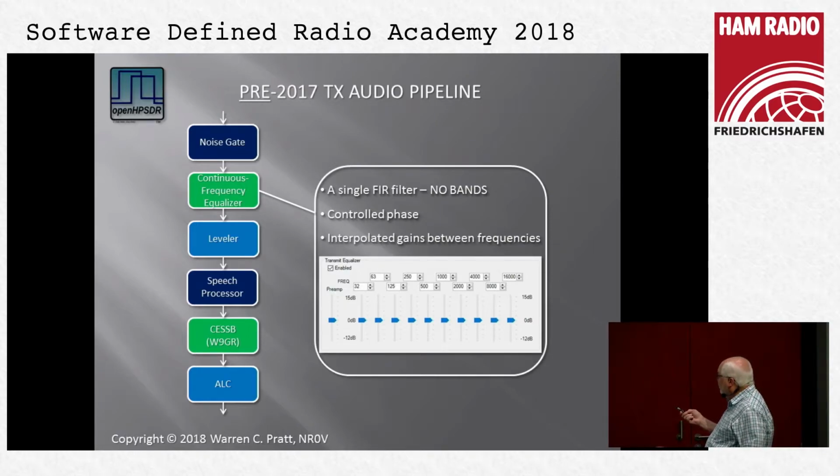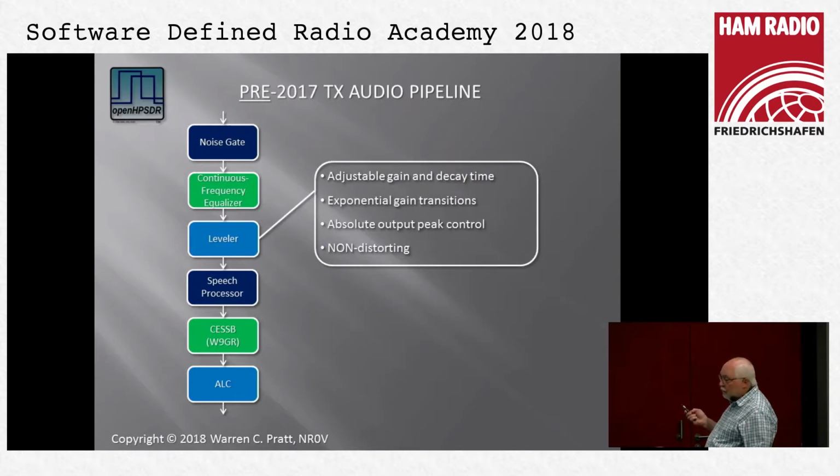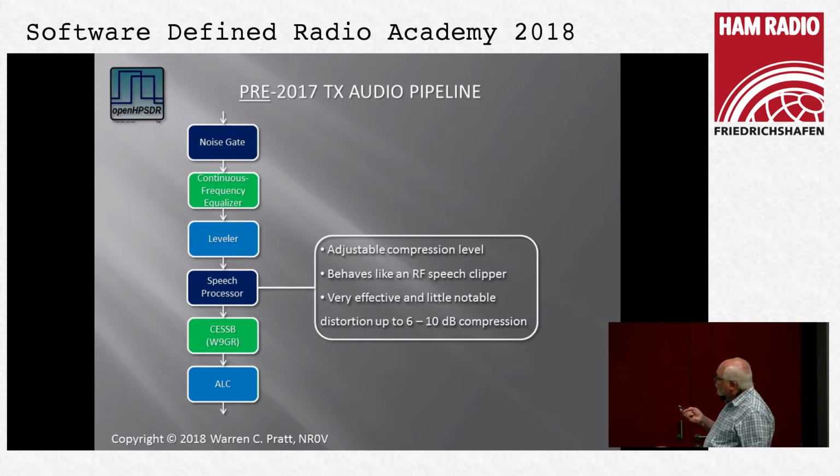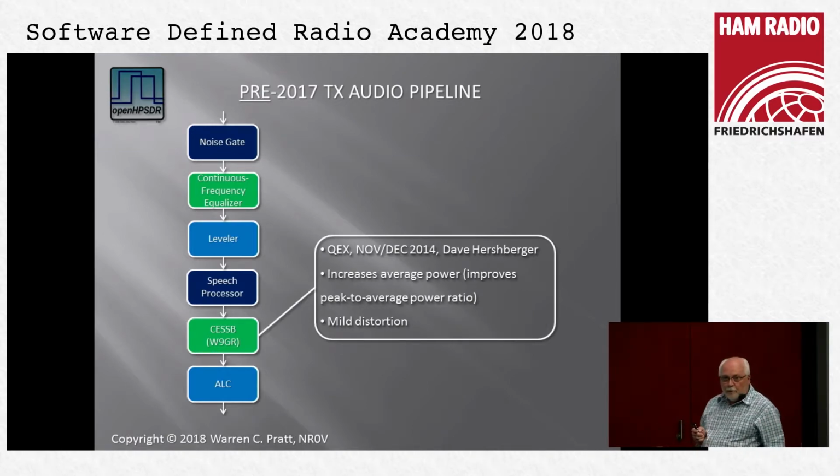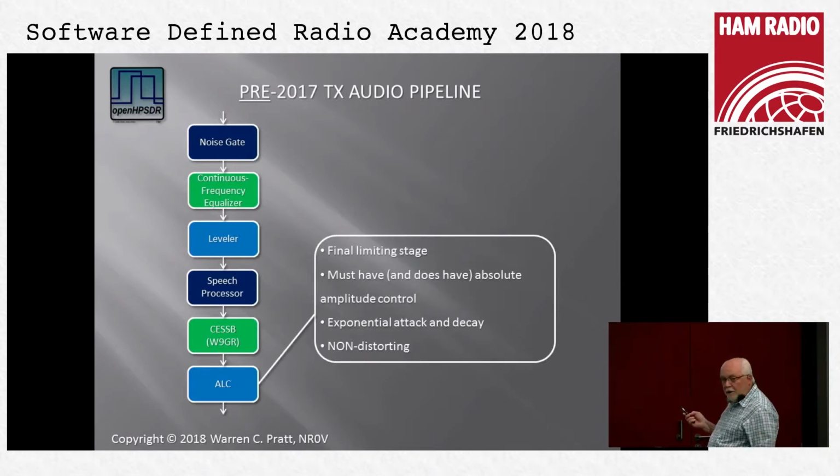We have a non-distorting leveler, a speech processor that behaves like an RF speech clipper, controlled envelope single sideband, which was introduced by Dave Hirschberger, W9GR, back in 2014, and a non-distorting ALC. That was the previous pipeline.